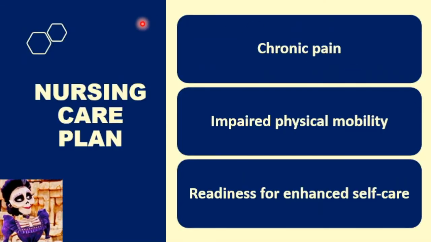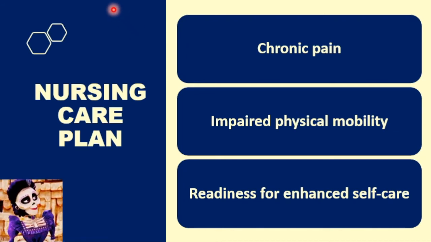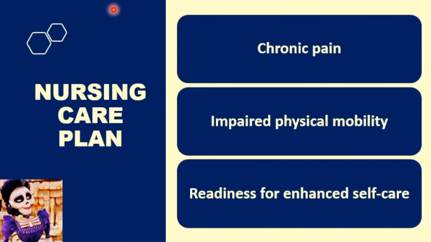So nursing care for a patient with osteoarthritis: we're dealing with chronic pain. The problem may have been there for long. Then impaired physical mobility. Because of the pain that your patient is experiencing, your patient is unable to have complete movement. And then readiness for enhanced self-care.